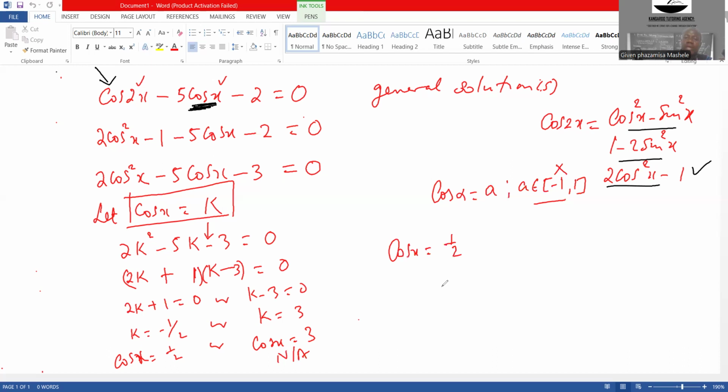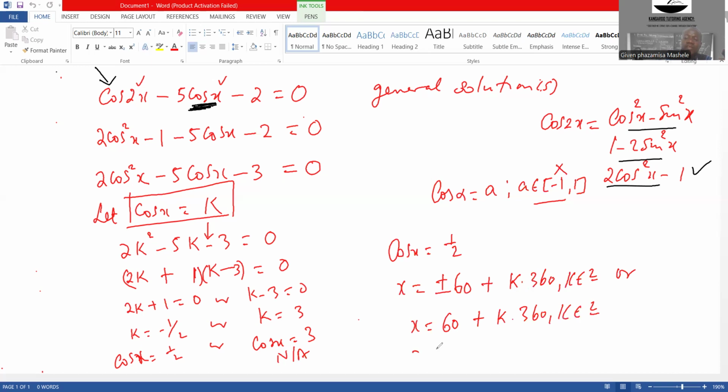And we know when you determine the general solution for cos, we allow plus or minus. So we're going to have inverse cos of 0.5, which gives us 60, plus k times 360. You can write it like this, or as x equals 60 plus k times 360, where k is an element of integers.